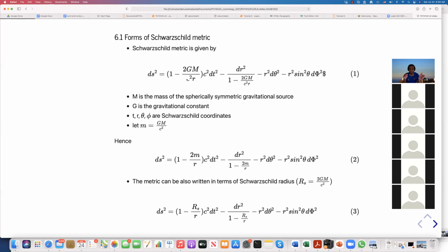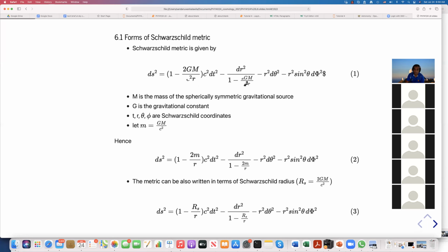And the metric can also be written in terms of this quantity, which we call the Schwarzschild radius. If you have joined the general relativity lectures, remember that I directly gave you this equation for the Schwarzschild radius, but this is how it comes. The Schwarzschild radius is defined in the Schwarzschild metric in this way. Now you have the 2GM over c squared term here.